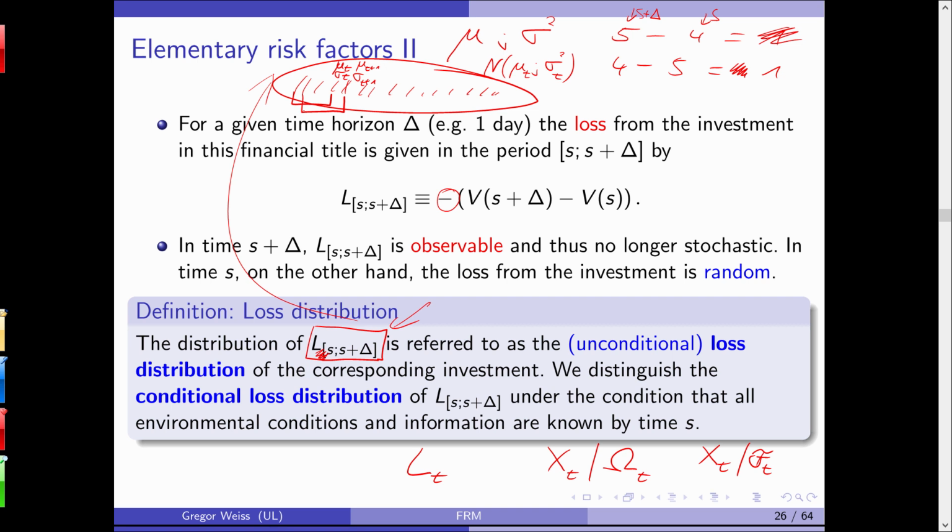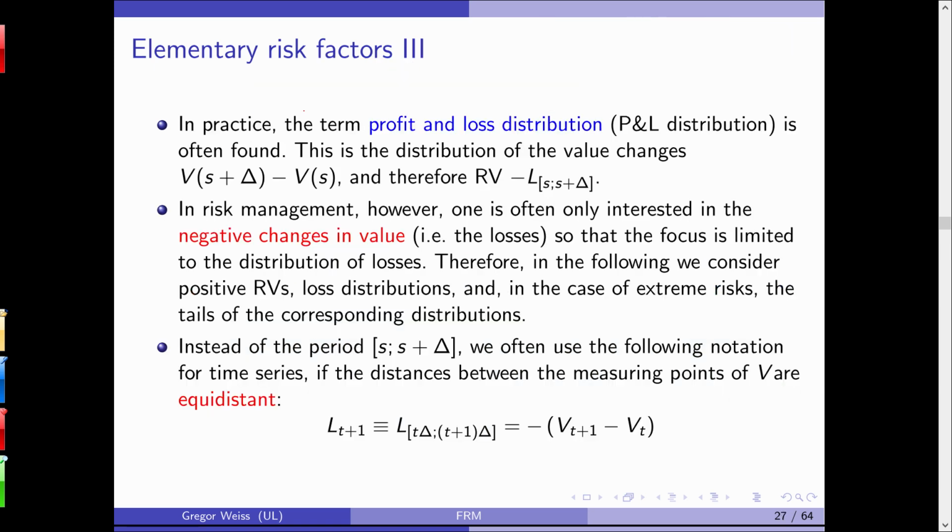But let's not get ahead of ourselves. Let's stick with the unconditional distribution here for a minute. And again, this is what we usually refer to as the P&L, the profit and loss distribution. And if you are only interested in the losses, we simply take the loss distribution. Now, in many cases, we don't need an arbitrary time difference s to s plus delta. It suffices to simply look at changes from s to s plus 1.